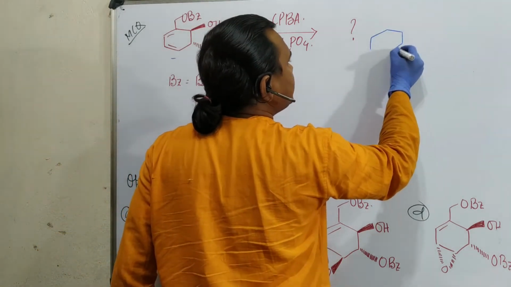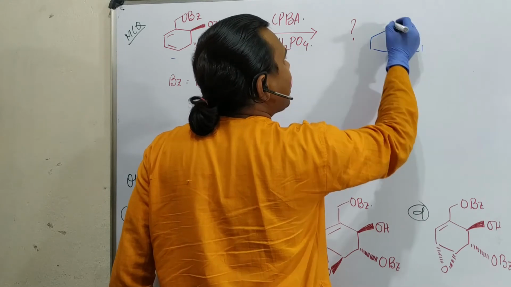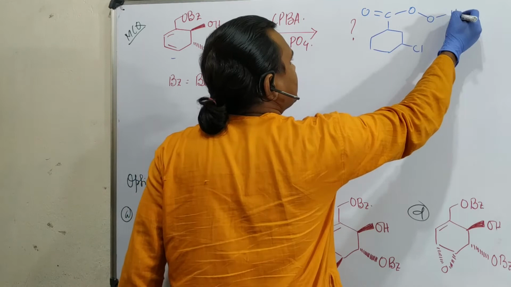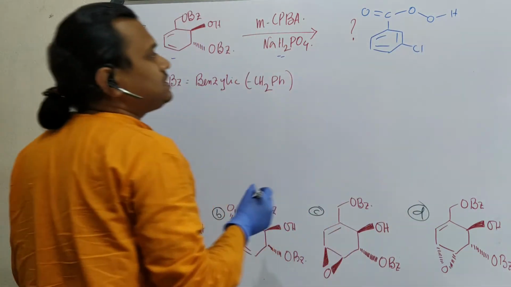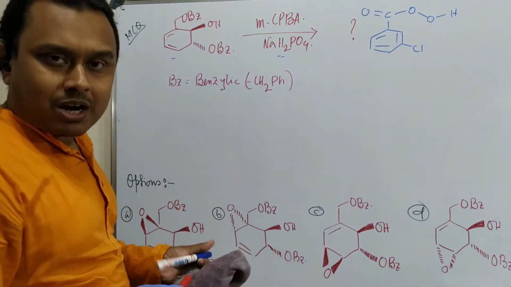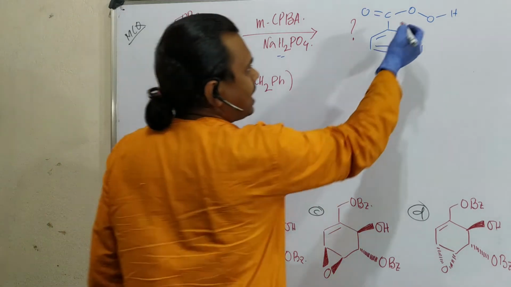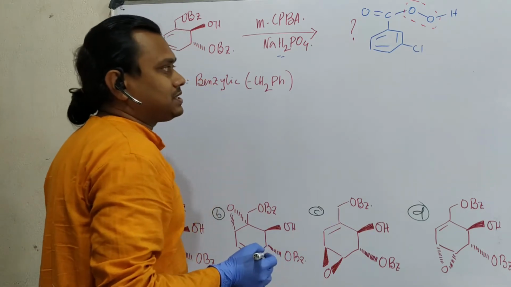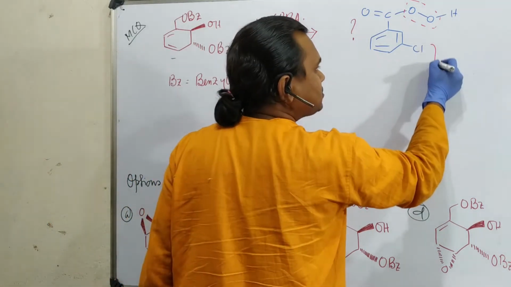mCPBA is metachloroperbenzoic acid. What do you mean by perbenzoic acid? This is the metachloroperbenzoic acid, mCPBA, and you can look at this peroxy linkage. That's why this is called a perbenzoic acid. And what is the fate of this reagent?